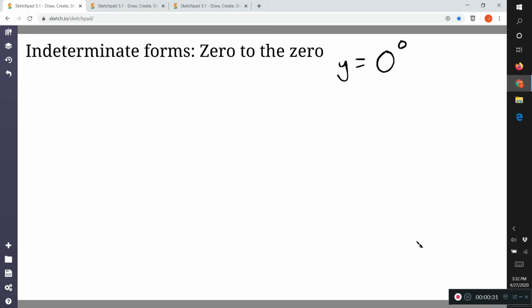Well, we can use this trick where we apply a natural log to both sides. The natural log of y is equal to the natural log of 0 to the 0. According to a property that we learned back in Algebra 2, the exponent inside a natural log can be moved out in front.